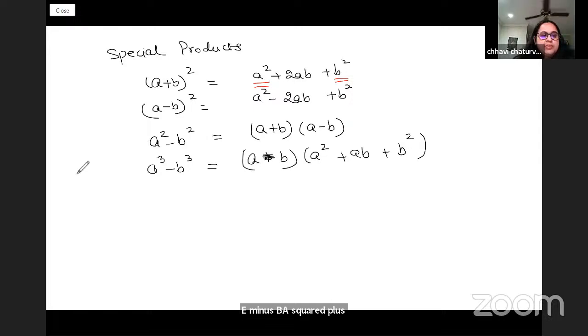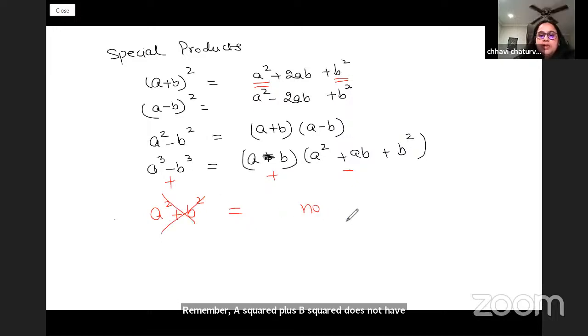And then for the opposite one, if you have a cube plus b cube, then it would be a plus b, and the sign only changes for the middle term. Remember, a squared plus b squared does not have any solution. It will be no real solution.